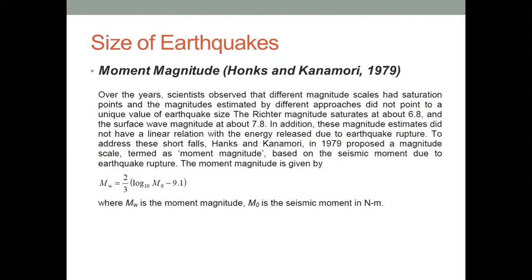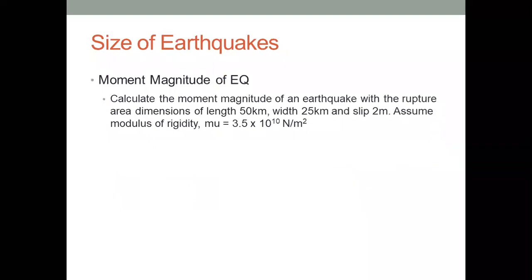So 50,000 x 25,000 x 2 x, what is the mu value once again? Mu value 3.5 x 10^10.